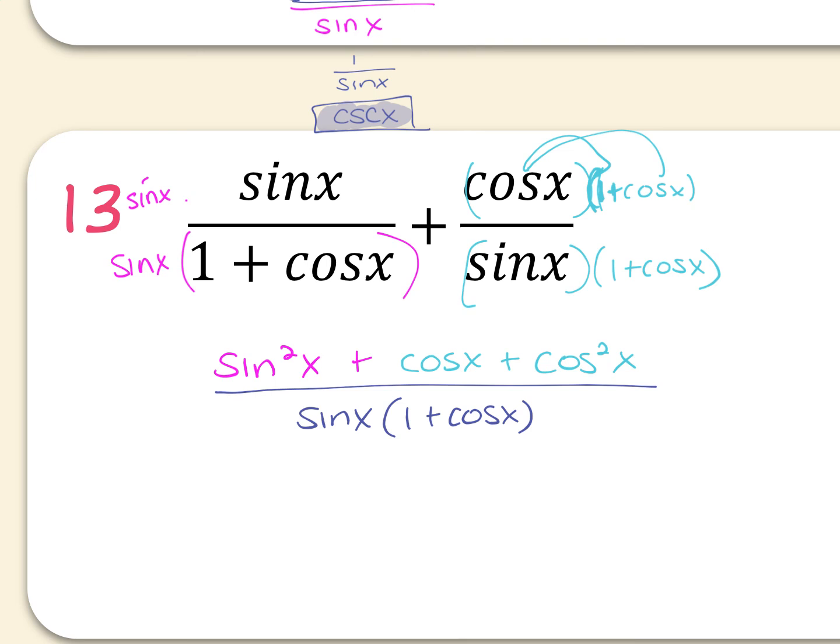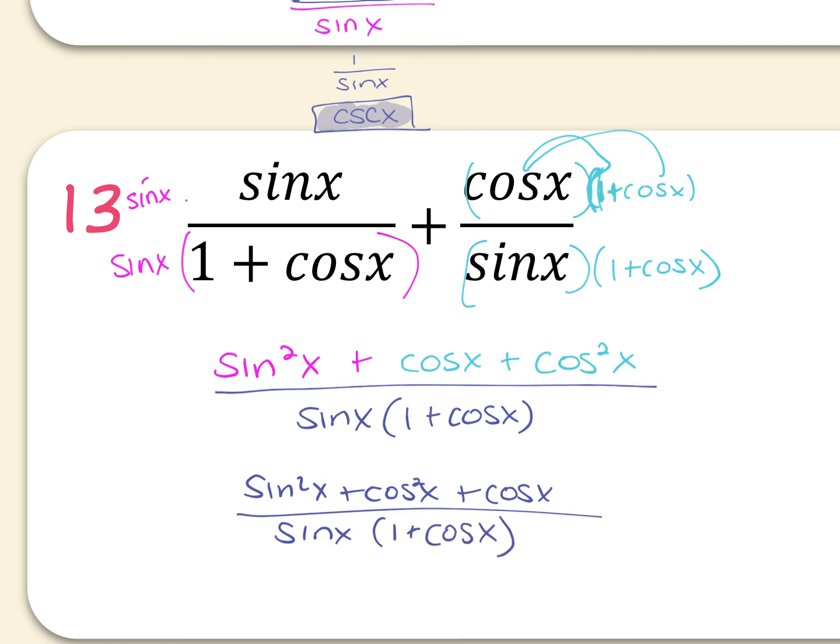So there's no Pythagorean identity that says sine squared x plus cosine. There's no Pythagorean identity that says cosine of x plus cosine squared. But there is one that says sine squared x plus cosine squared x, right? And I can rearrange this any way I want because it's all a sum. So I could do sine squared x plus cosine squared x plus cosine of x over sine of x times 1 plus cosine of x.